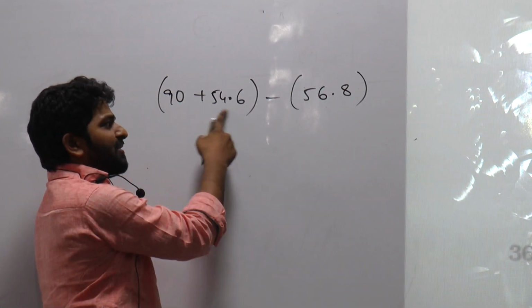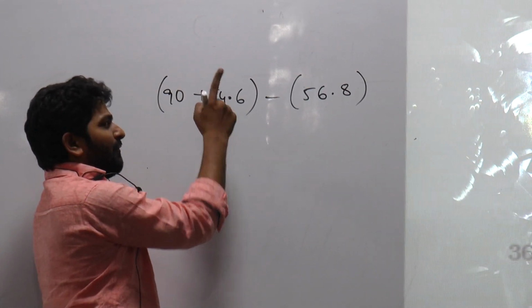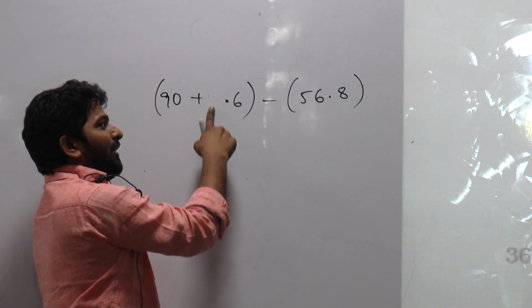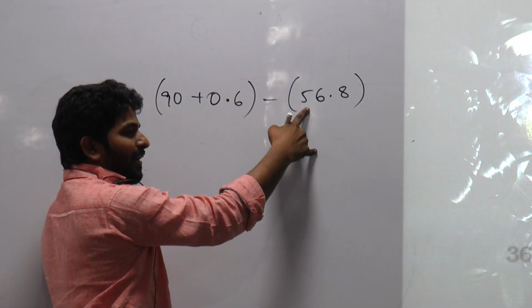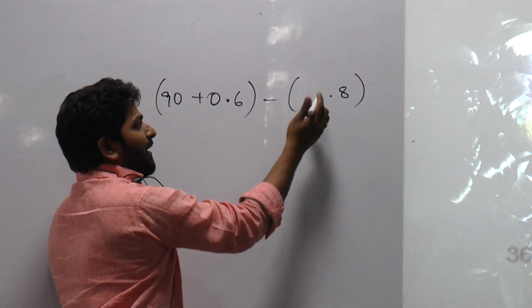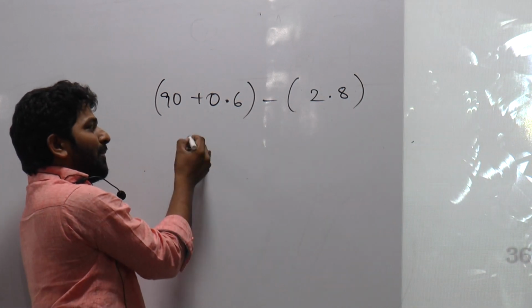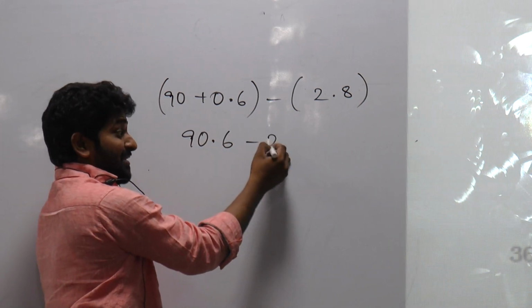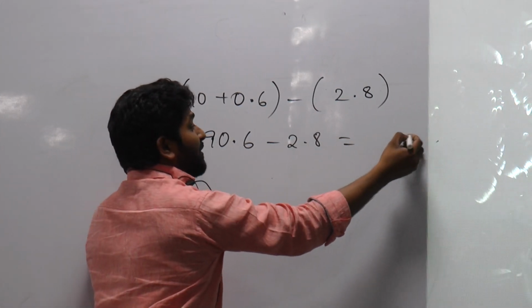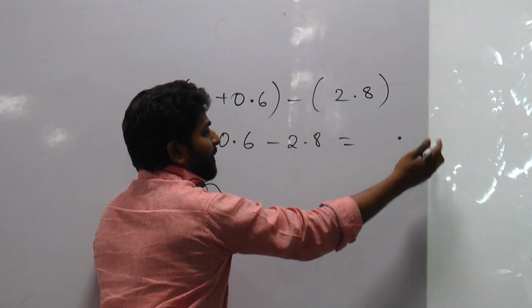Okay. How much is here? First let me subtract 54. If I subtract 54, how much will be here? 2.8. If 2.8 is subtracted from a number which ends with 0.6, your answer must end with 0.8.